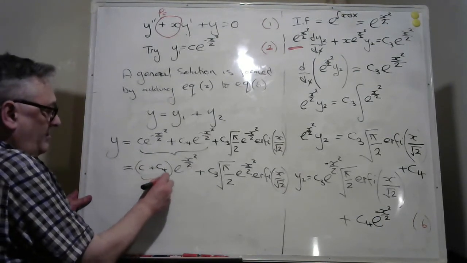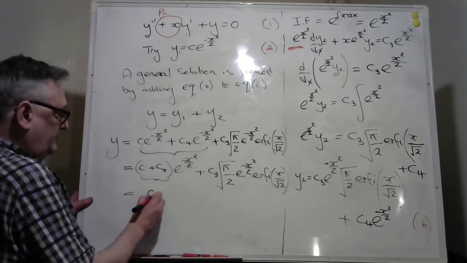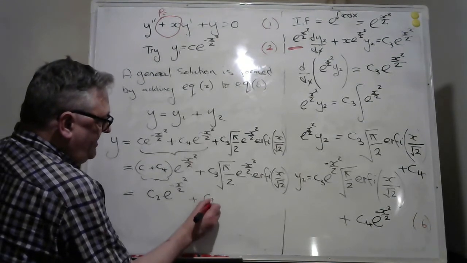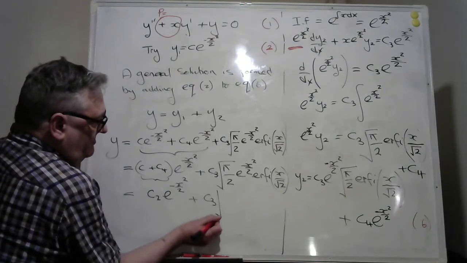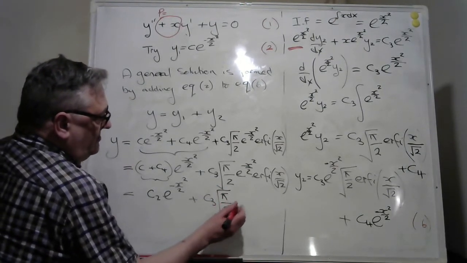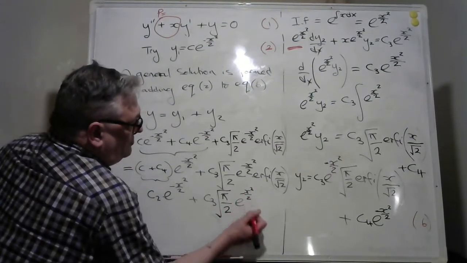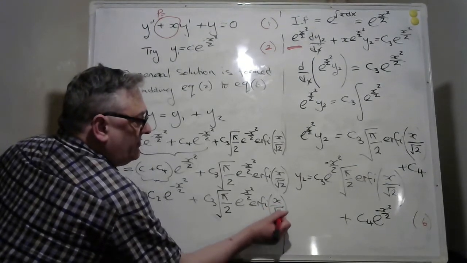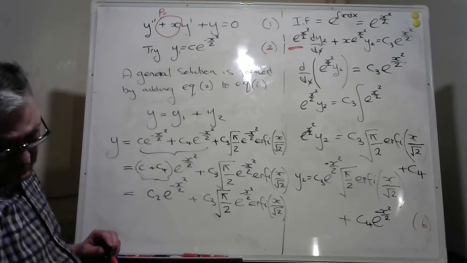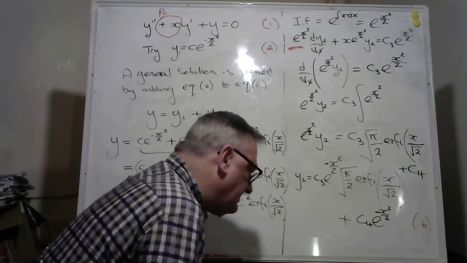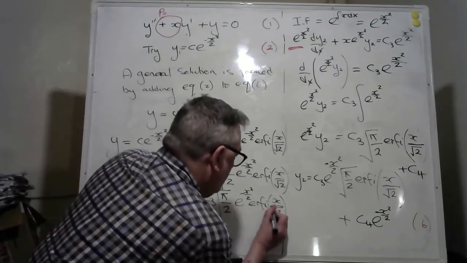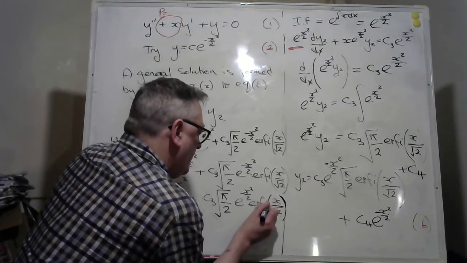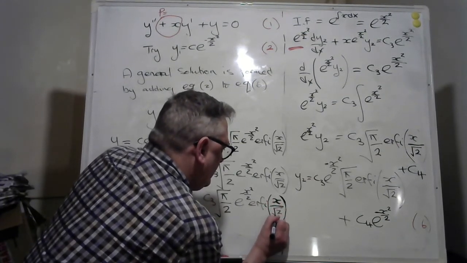We can just call this a different constant, constant 2, times e to the minus x squared over 2, plus c3 times the square root of pi over 2 e to the minus x squared over 2 times the imaginary error function of x over the square root of 2. I hope that you can see that last bit.